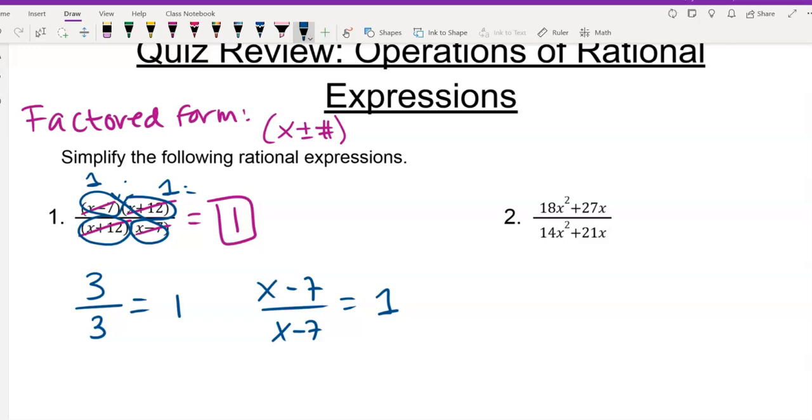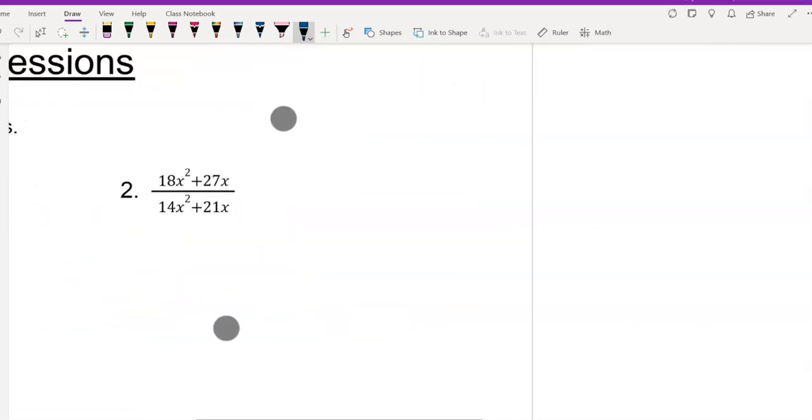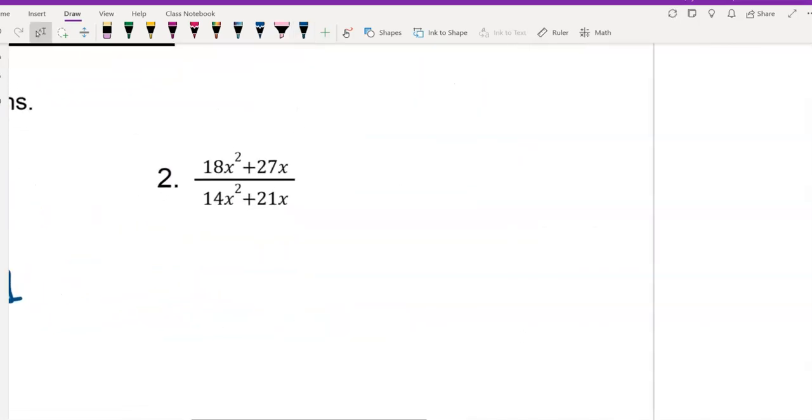All right. Next question. Here, we are factoring by GCF. When we factor out GCF, we are looking for the greatest common factor between both terms. So what is the greatest number that can be divided from 18 and 27? It's 9.